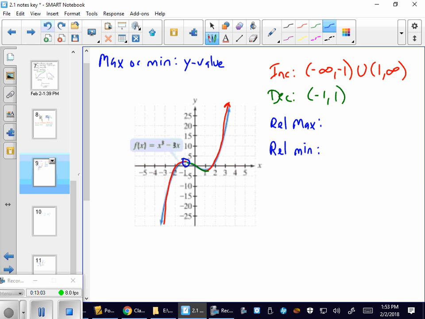It looks like the relative maximum is about 2.5. And then it looks like we have a relative minimum at the bottom of this little hill, right there. And it looks like, again, it's in between the 0 and -5, so we'll call it -2.5. Usually if we're asking for the max and min, it's going to be a little bit easier to figure out graphically like that.